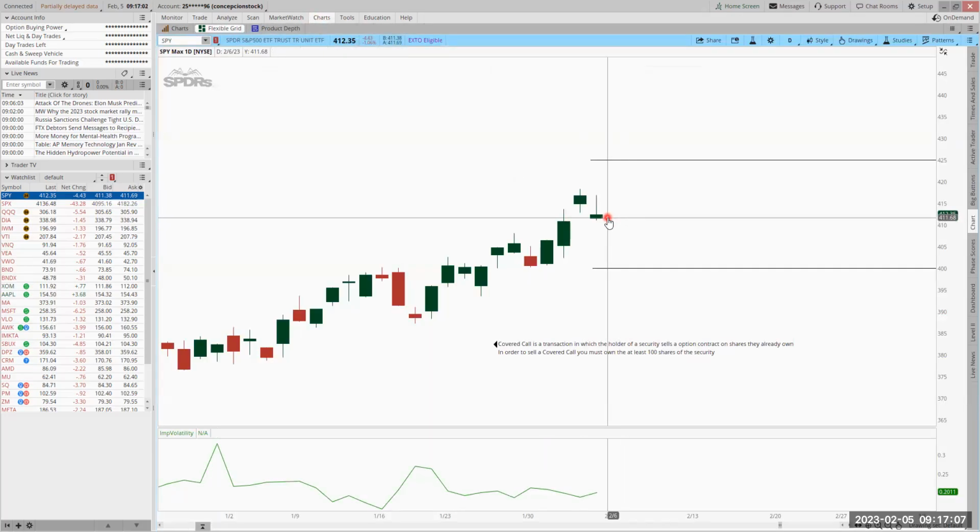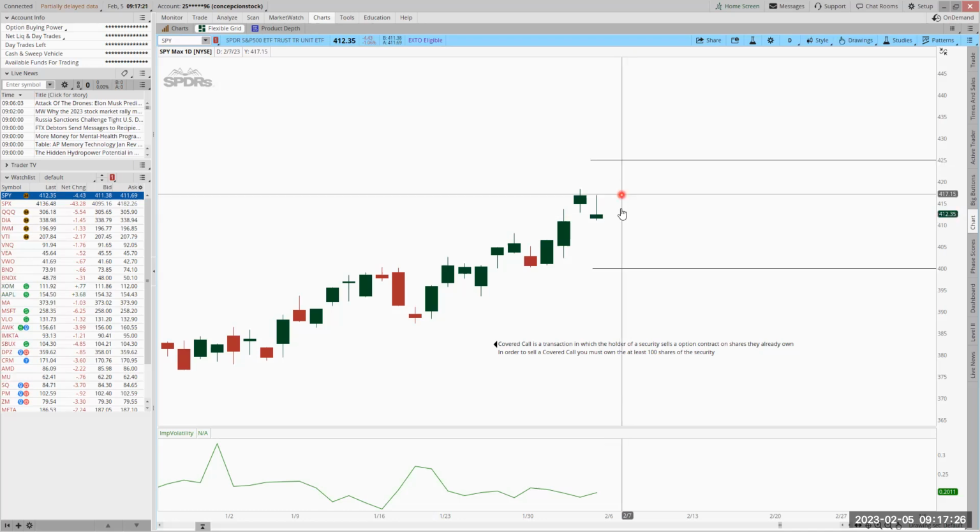What has to happen between now and 17 February is that in order to keep both our shares and the premium, price needs to stay below $425. By selling a covered call, we are obligating ourselves to sell our shares at a certain price point, and we've selected 425.